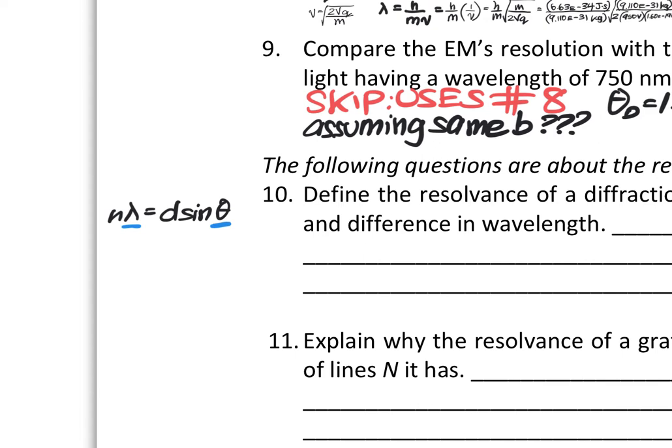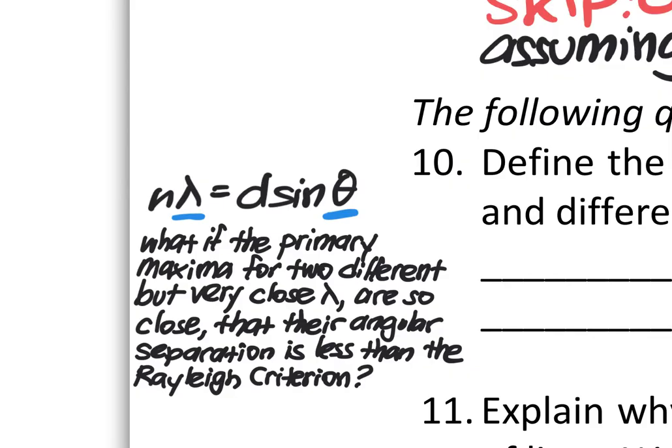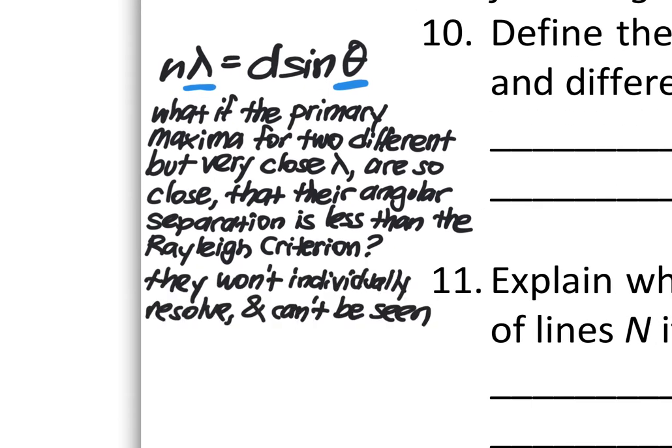This is the point of resolvence of a diffraction grating. What if the primary maxima for two different but very close wavelengths are so close that their angular separation is less than the Rayleigh criterion? Then they're not going to resolve individually, and they can't be seen. So what can you do about that?